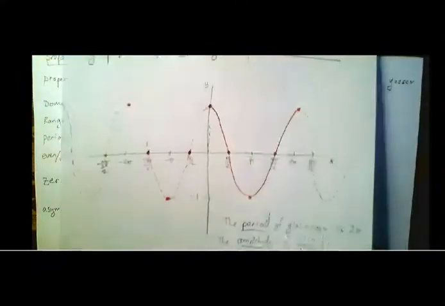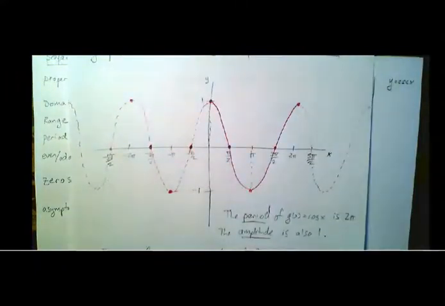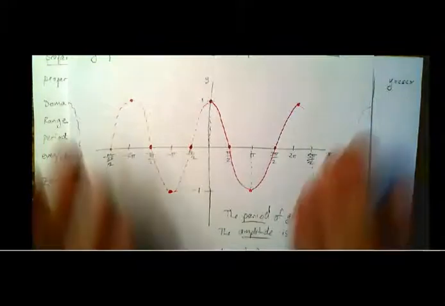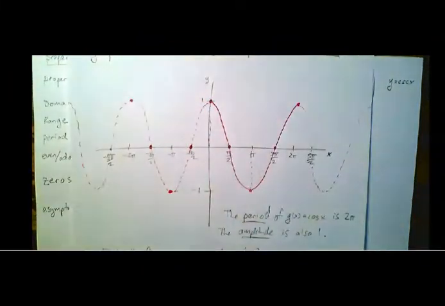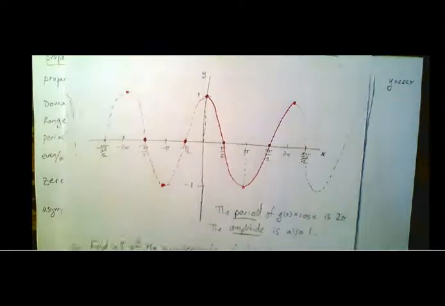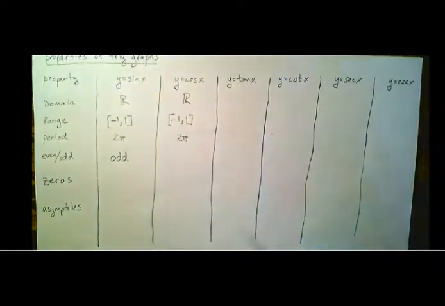Taking a look at cosine, here's cosine. Note that if we were to fold this along the y-axis, we would get a perfect match on either side. Therefore, cosine is an even function.